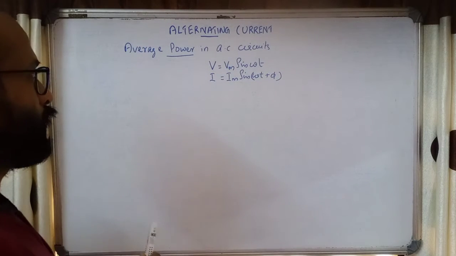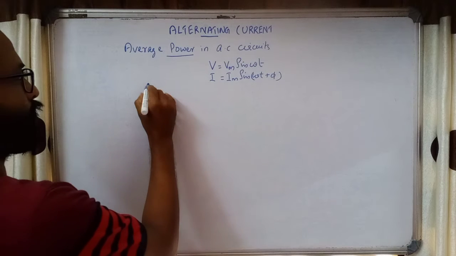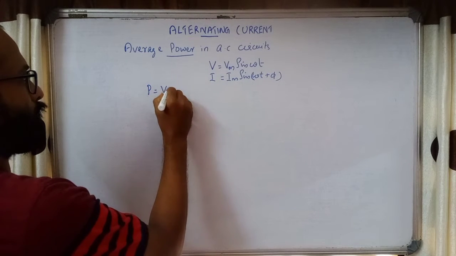Now we need to get the equation of power. The general equation of power is P = voltage into current.